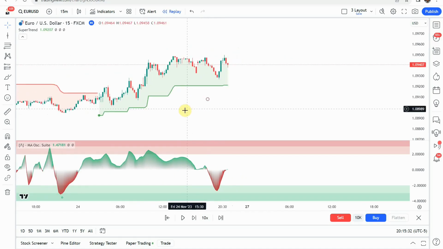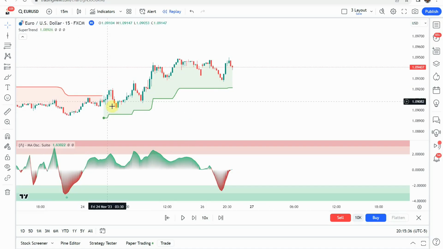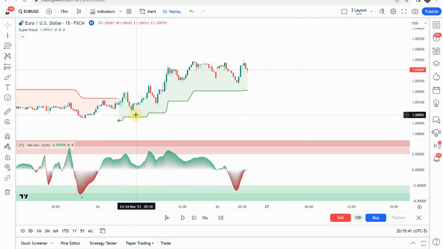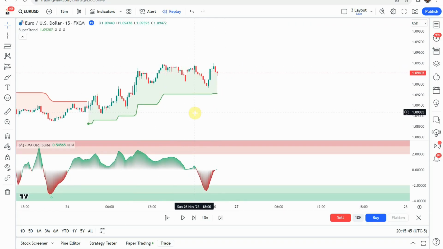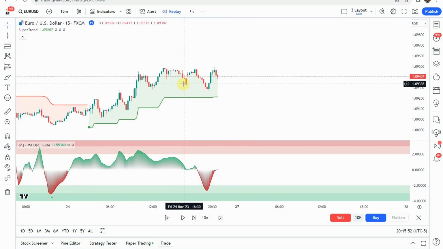What we are looking for is, first and foremost, the super trend to give us the overall trend direction. For example, when the super trend is green like so, we are only looking for long trades, and this is going to be a trend continuation strategy. So what we are looking for is when we get a pullback designated by the moving average oscillator here.